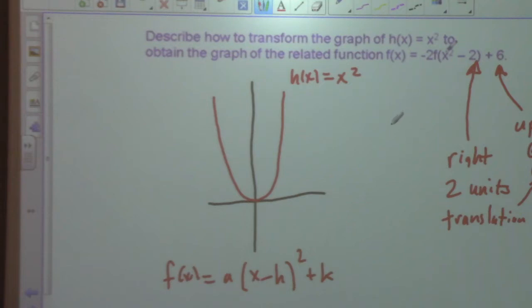What is this going to do here? What'd you say, Cheyenne? Reflect which way? So negative reflects about the x-axis.